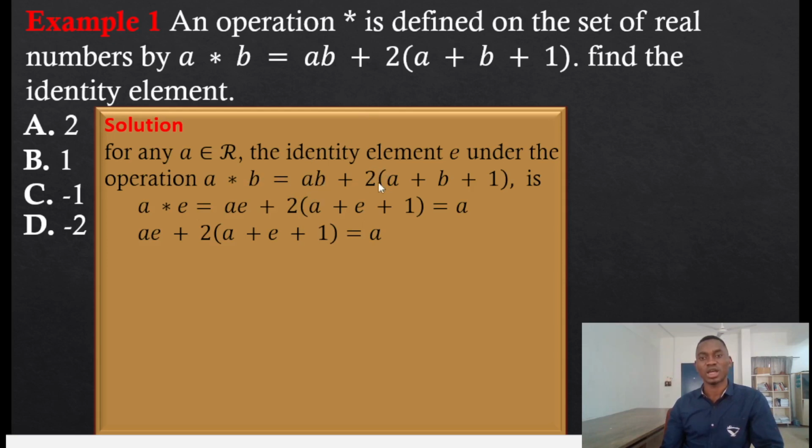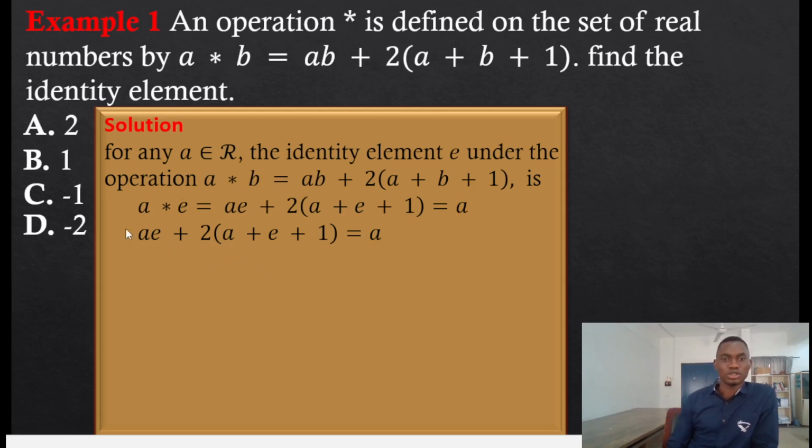Then we add the first element, the second element, and 1 together, then we multiply by 2. That is what this operation star is telling us to do. So the difference here is that we are replacing B with E, because we are talking about identity here. I guess that is clear enough.